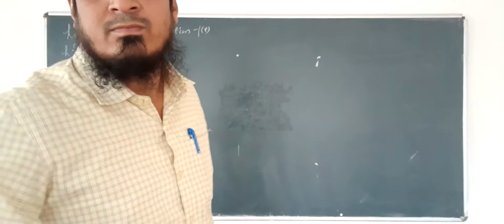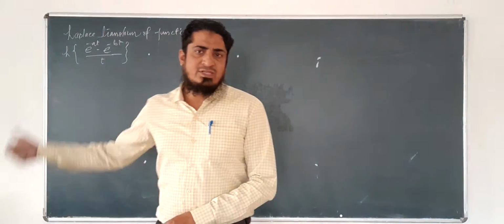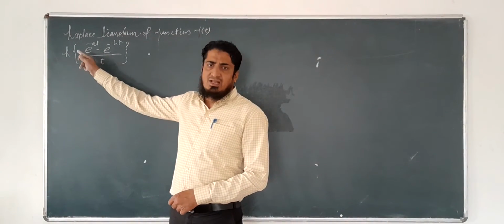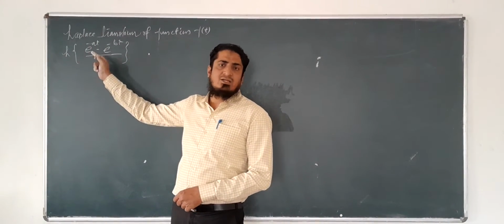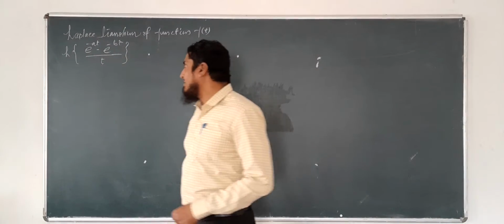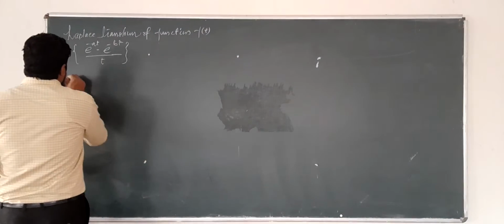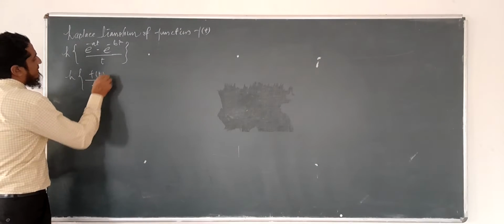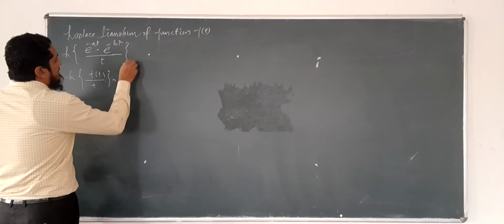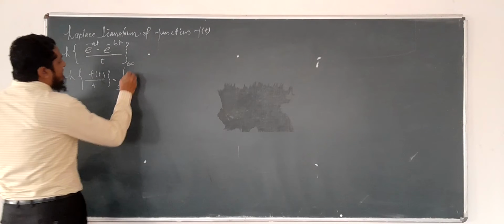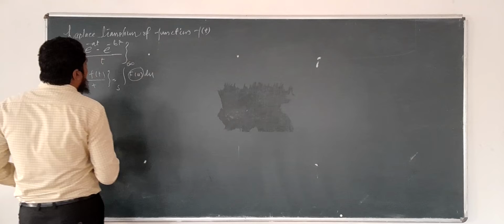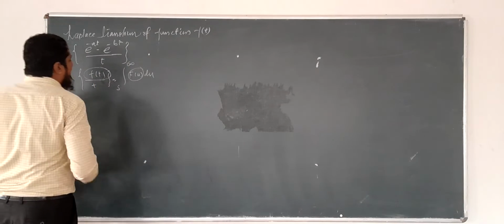Now our fourth example is, as we see here, Laplace transform of (e raised to minus at minus e raised to minus bt) upon t. And we know that the Laplace transform of f of t upon t is integration from s to infinity of F of u du, and F of u is the Laplace transform of this numerator f of t.